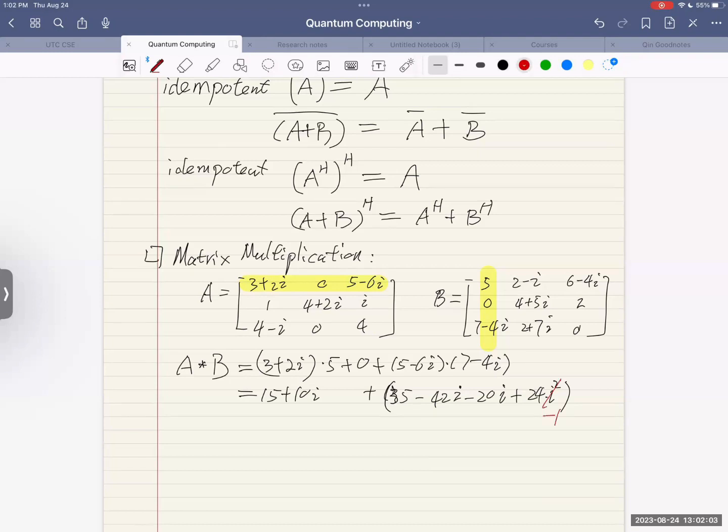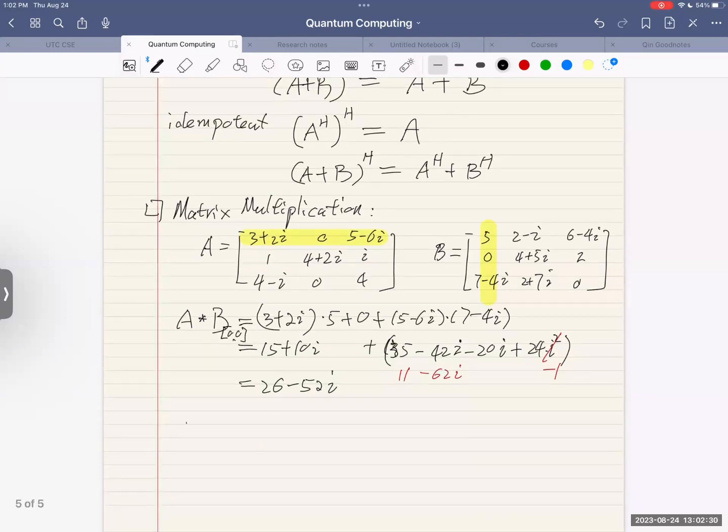So that means 35 minus 24, that will be 11. And this one will be 62i. Okay, so that means 26 minus 52i. Is that correct? Oh, sorry, this is a 0, 0. So A times B, the first element there will be 26 minus 52i.